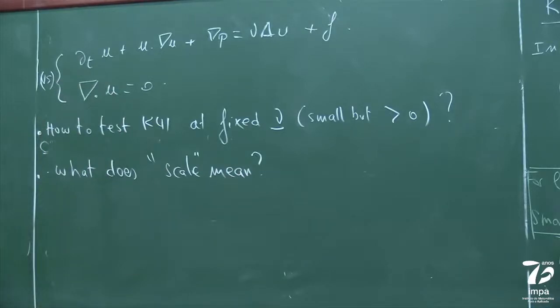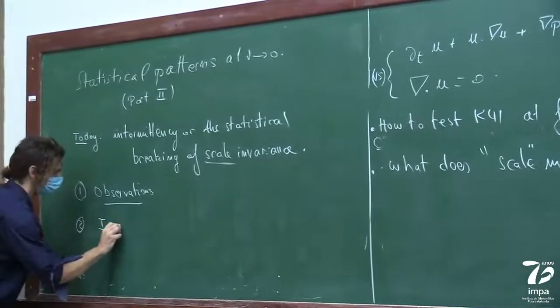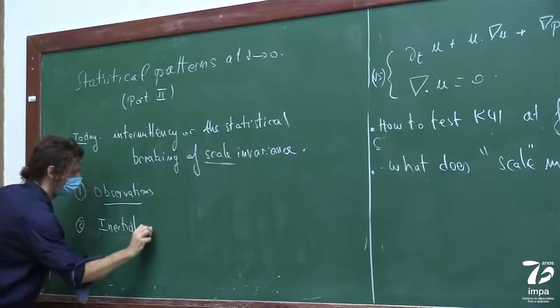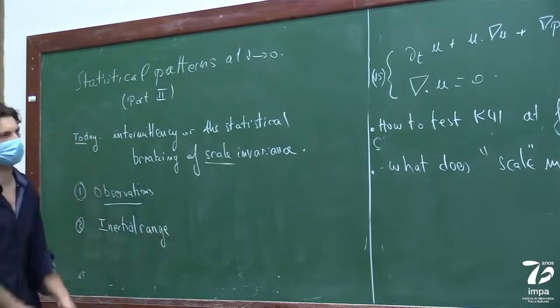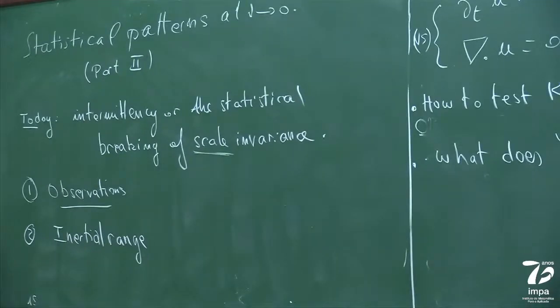And to formalize those two ideas, we will need a concept, and this concept will be the concept of inertial range. So here I will try to provide a formalization of this K41 framework in order to test it.